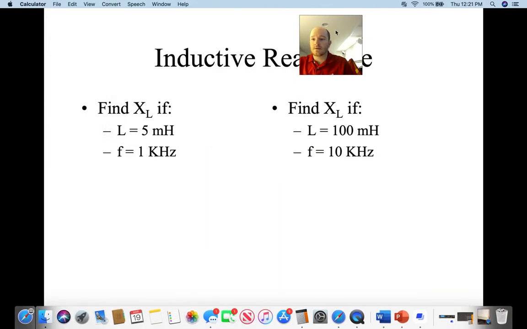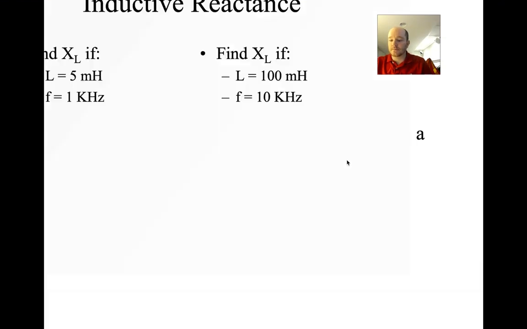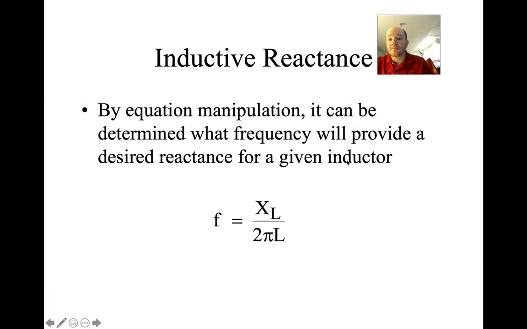All right, let's go ahead and get back to the lecture then. So, we can manipulate this equation if we want a specific X of L. What that means is we would be trying to get a set amount of current. So if I know how much current I need, I can calculate out what my X of L needs to be. Okay? And to do that, I could just manipulate this formula right here.